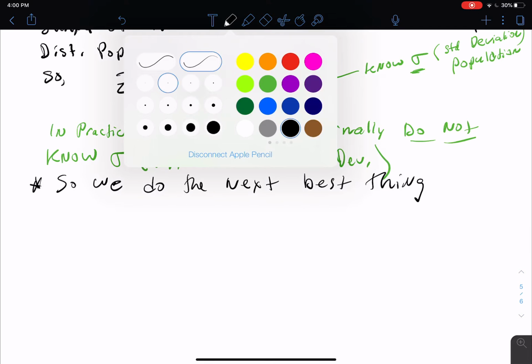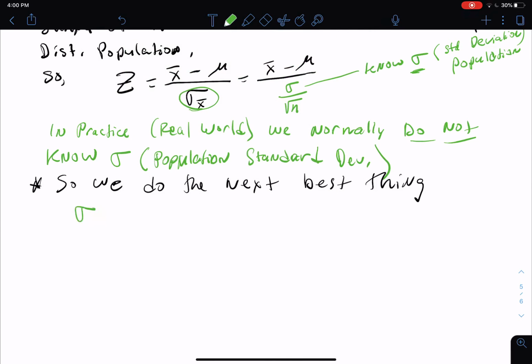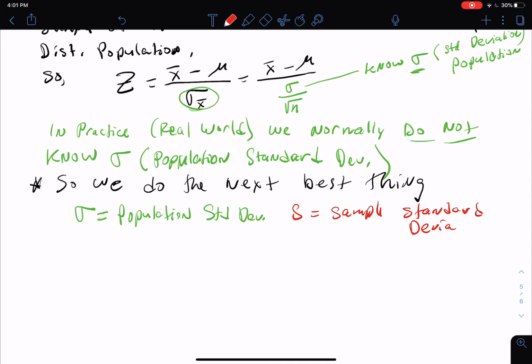So once again, let's get our notation down. Sigma is the population standard deviation, whereas S, I'll make this red, is the symbol for our sample standard deviation.